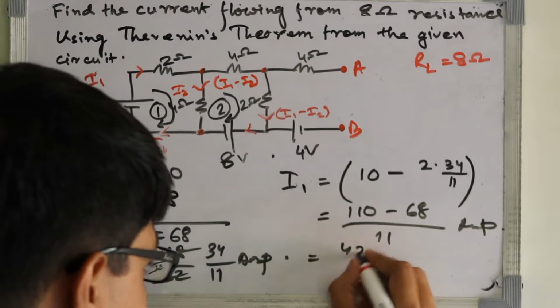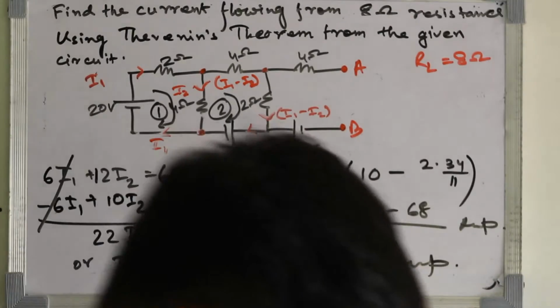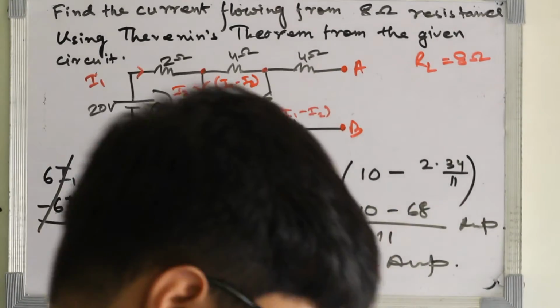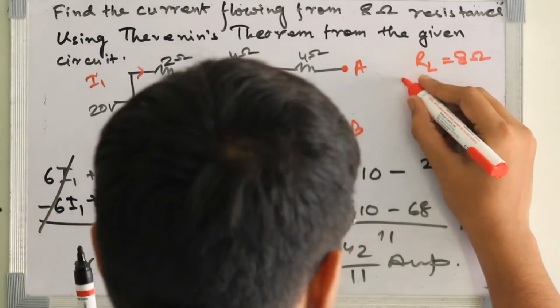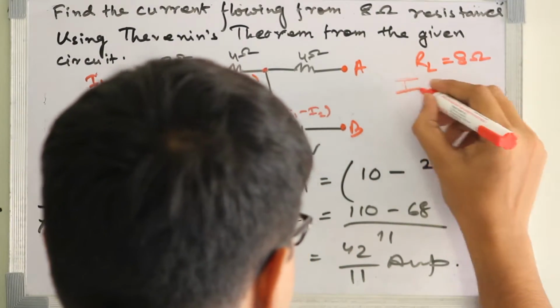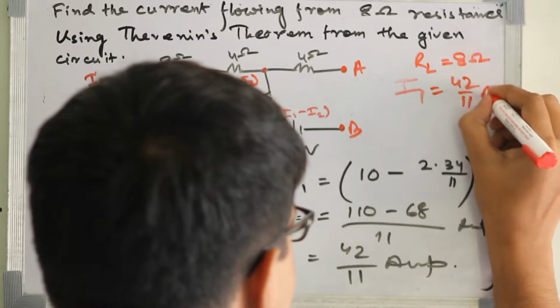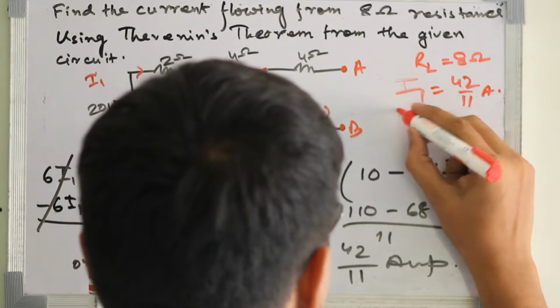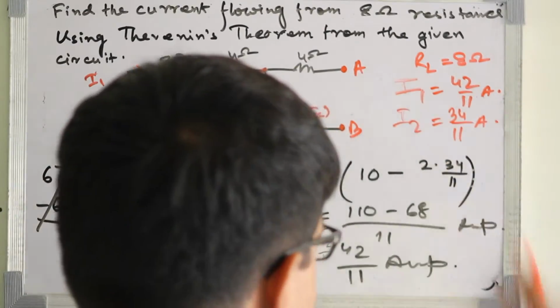So this is equal to 42 upon 11 ampere. So we got the two values of I1 and I2. Okay, so we will write both of the values here. I1 equals 42 by 11 amp, and I2 equals 34 by 11 amp.